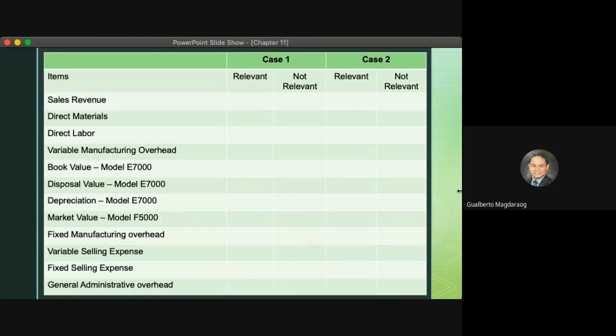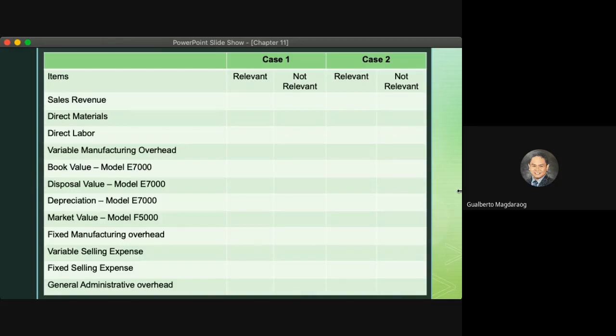There are cases na relevant siya, but there are cases na nagiging irrelevant siya. Okay? So, depende sa case, depende sa situation, para masabi mong relevant or irrelevant. Because as you can see, parehas lang naman nung cost. Pero bakit dun sa isa relevant, yung isa not relevant on a particular case? Because it depends.